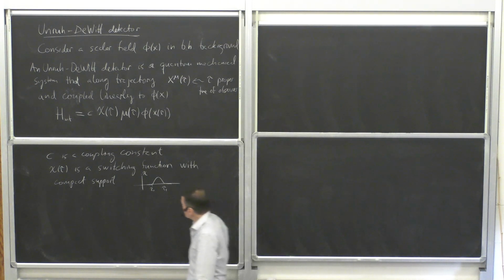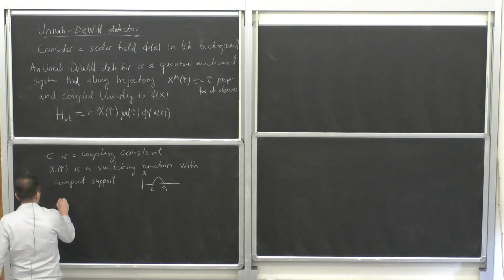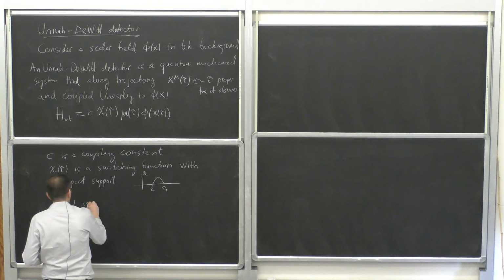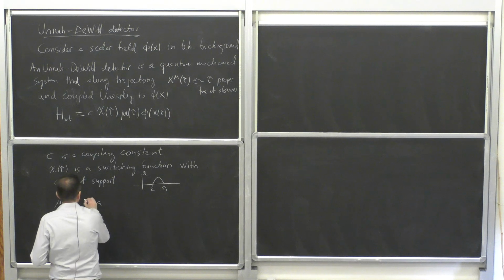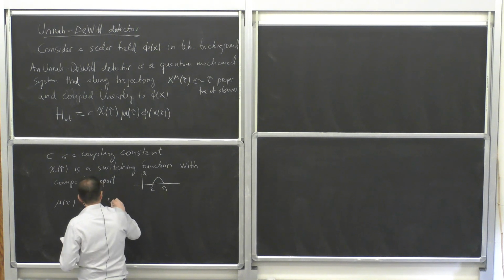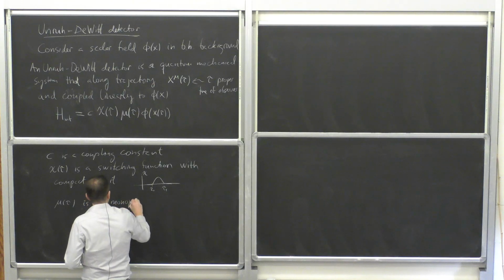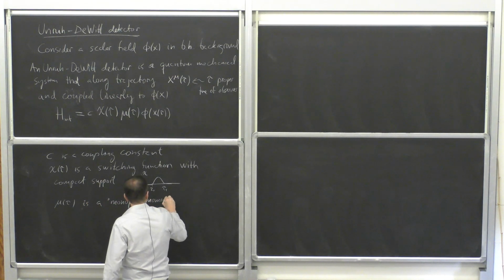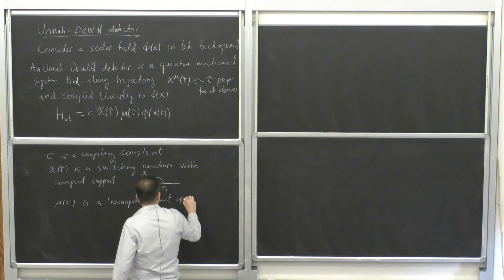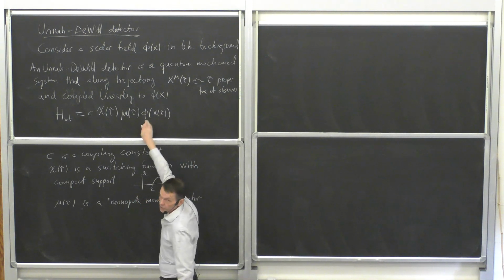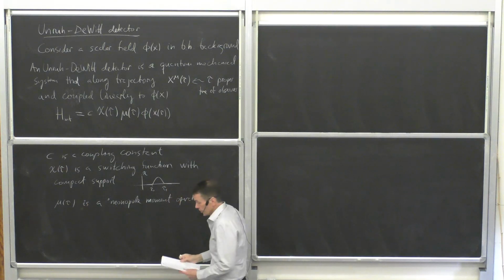Now, this mu of tau is called, let's call it a monopole moment operator. It's coupling to the field itself directly, so that's why we call it a monopole.